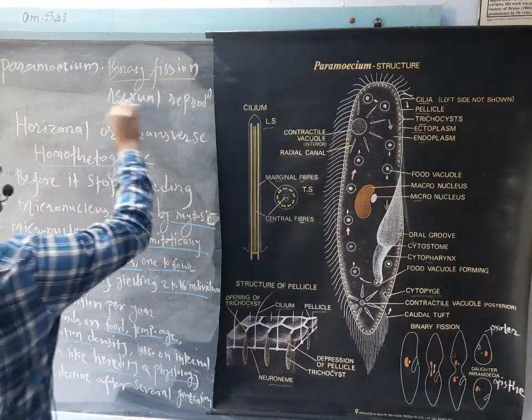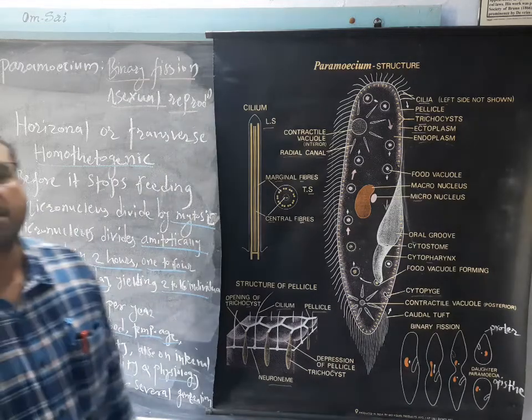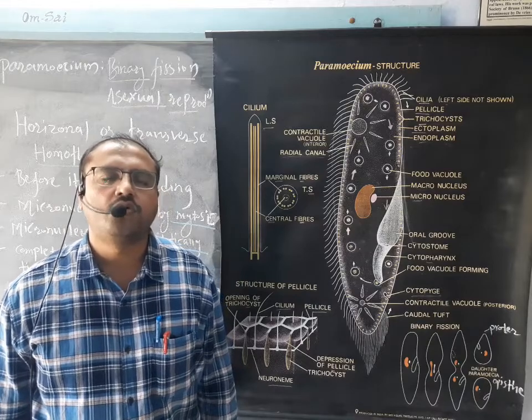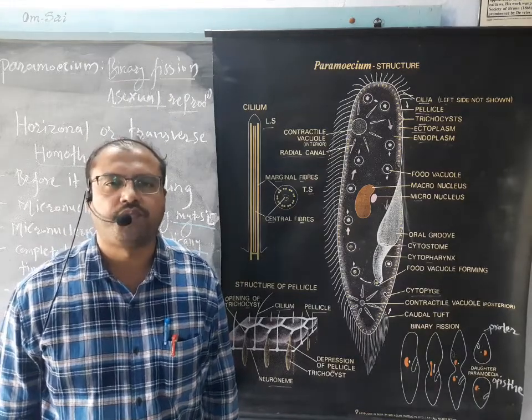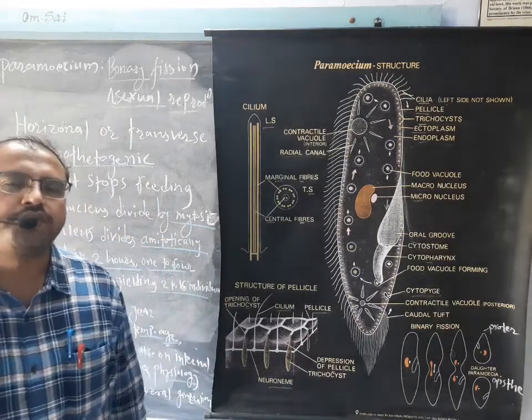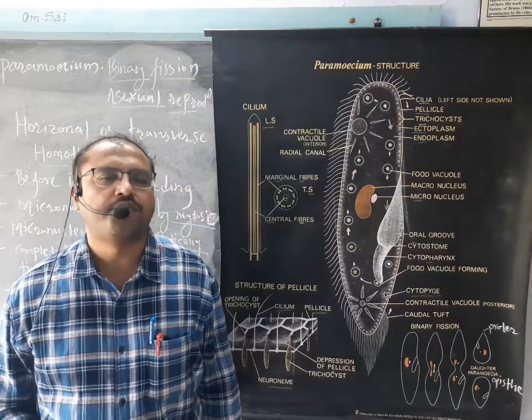It is called asexual reproduction because a single parent Paramecium divides and produces two daughter paramecia. The other process is called sexual reproduction, also called conjugation.